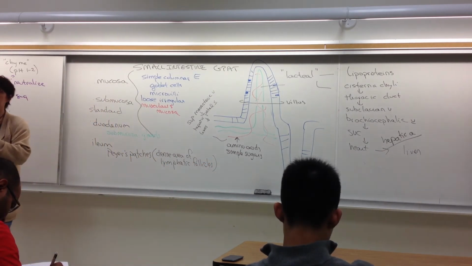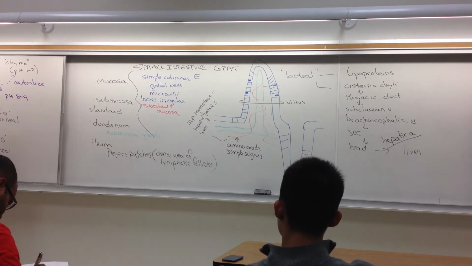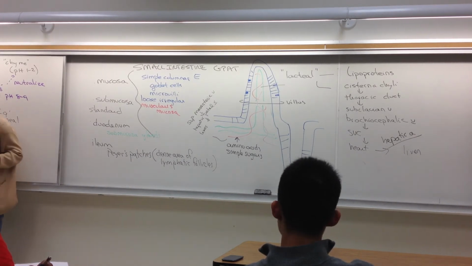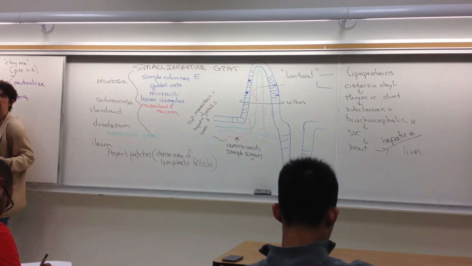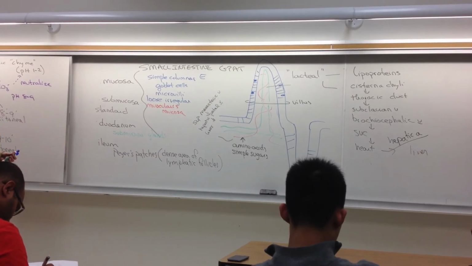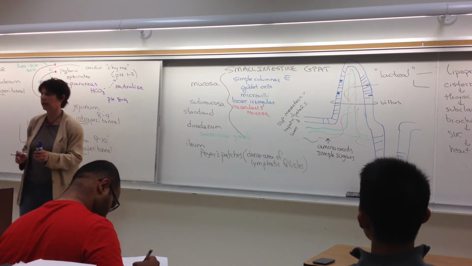And that's there because the ileum is the last region of the small intestine before we get to the colon. And the colon has a normal bacterial flora, the E. coli, and we don't want those moving back into the ileum and getting absorbed, crossing the epithelial membrane. And so we have a lot of Peyer's patches, a lot of lymphatic follicles, in that distal area just before the ileum joins to the ascending colon.